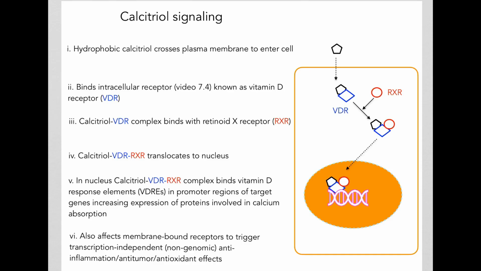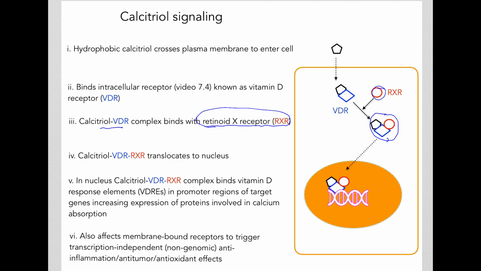In the next step, the calcitriol-VDR binds a receptor called retinoid X receptor, or RXR, to form this calcitriol-VDR-RXR complex.